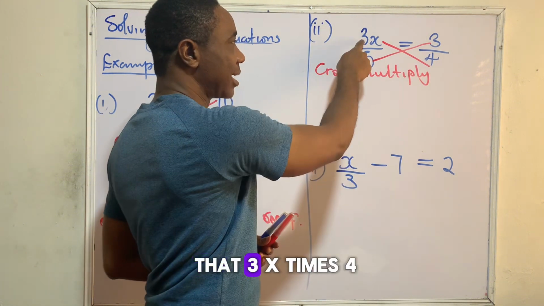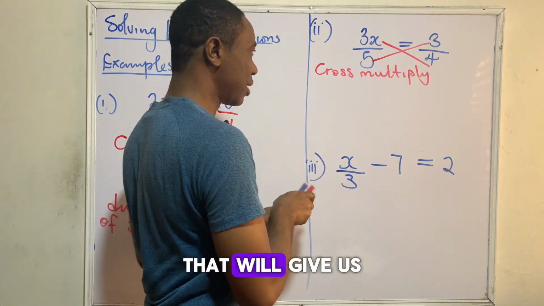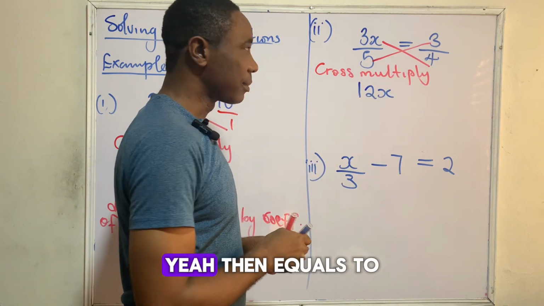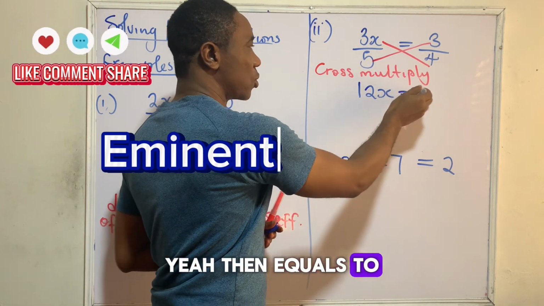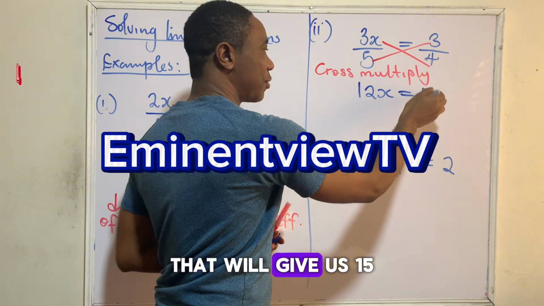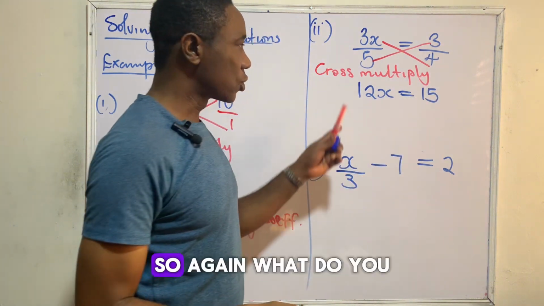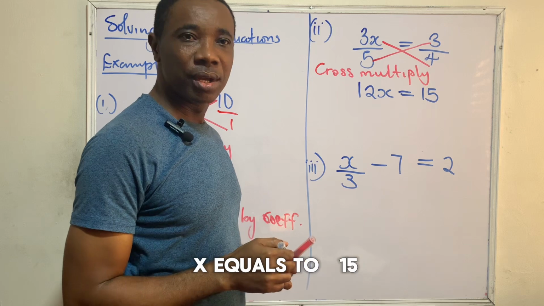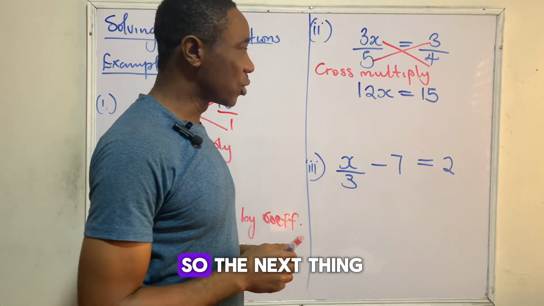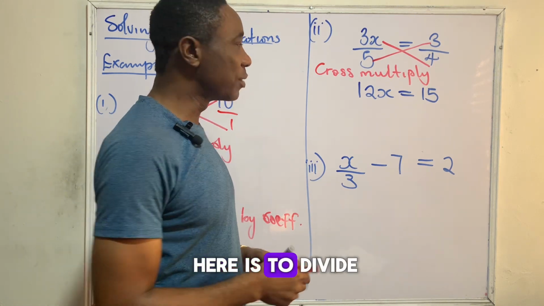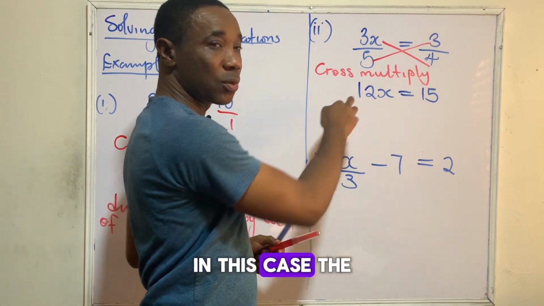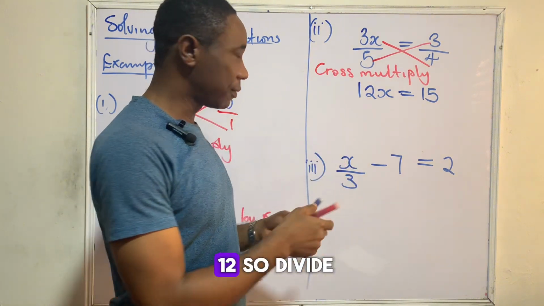So when you do that, 3x times 4 will give us 12x. Then equals 5 times 3, that will give us 15. So again, what do you have? You have 12x equals 15. So the next thing you want to do here is to divide both sides by the coefficient of x. In this case, the coefficient of x is 12.